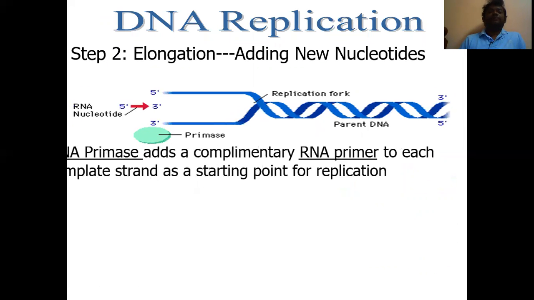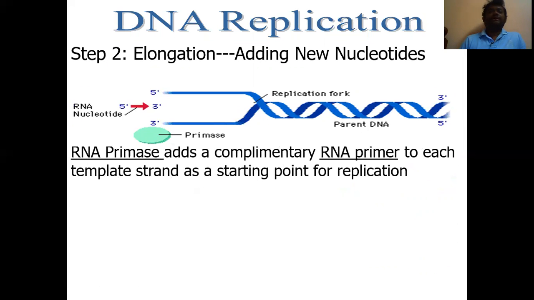Next, the second step is the elongation process. In the elongation process, new nucleotide molecules will be added in the direction of 5 to 3. Just remember that always the nucleotides will be added only in the 5 to 3 direction, but not in the 3 to 5 direction. The enzyme required for this function is RNA primase.